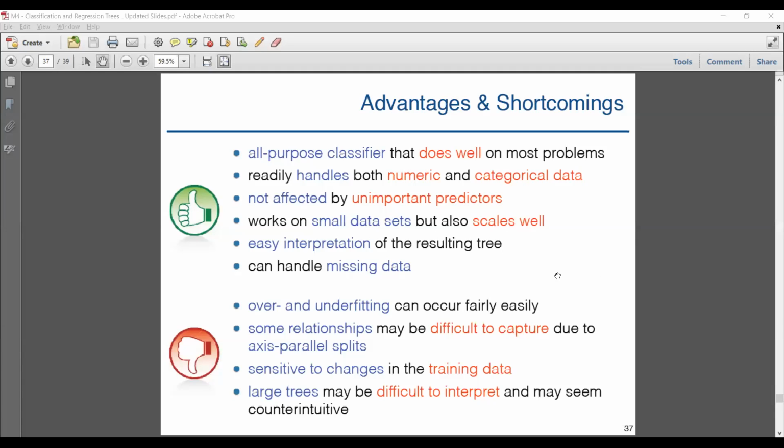And then there are some other disadvantages. अगर trees आपके बहुत बड़े हो जाते हैं, this interpretation is not very easy in that case.